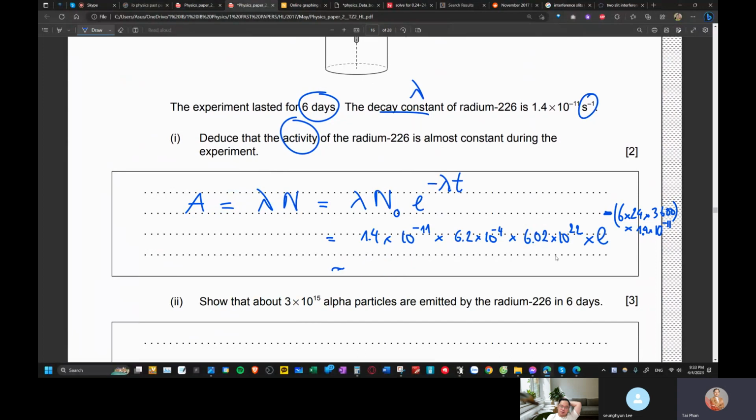Lambda N0 is A0. Let me write here: A0 is lambda times N0. That's too long. Very small, so activity only changes in a very long time.